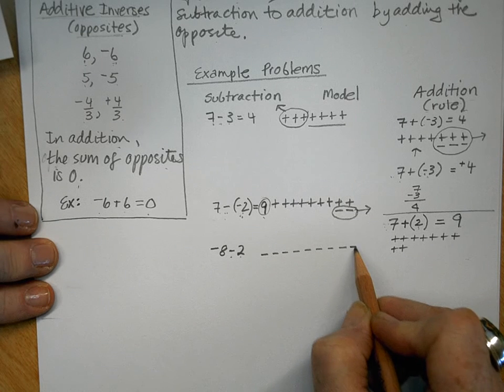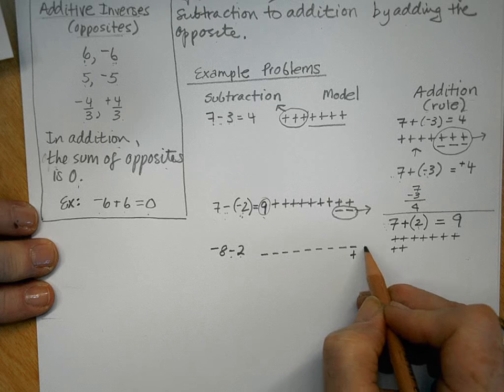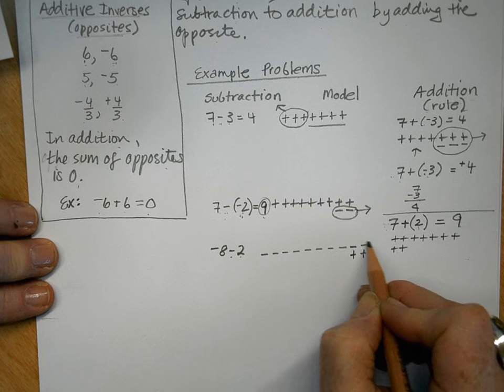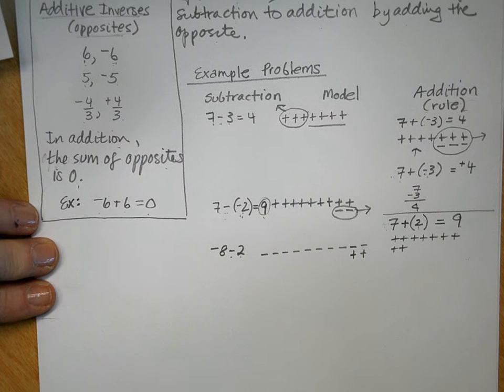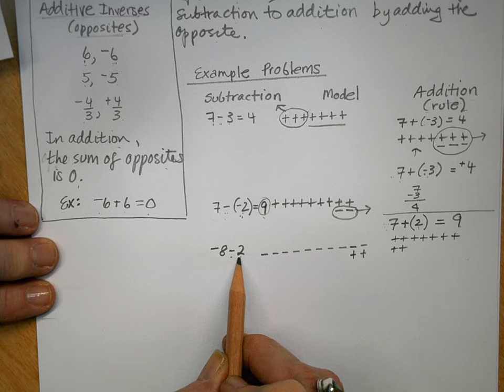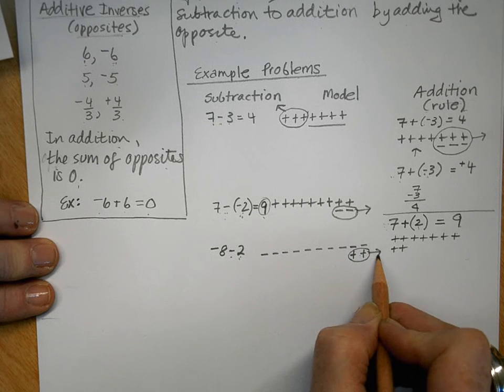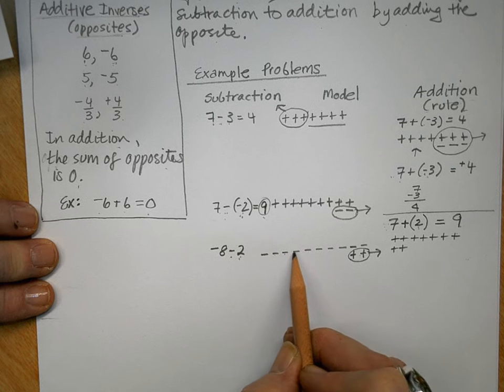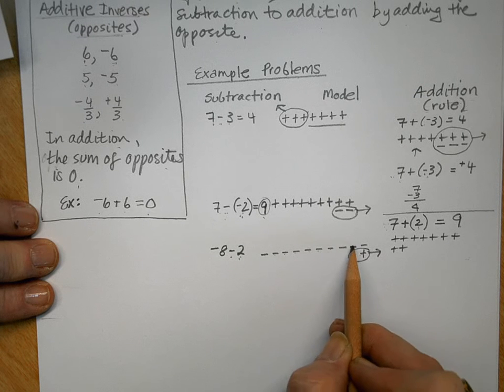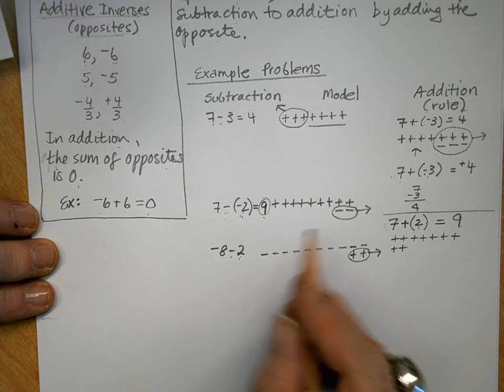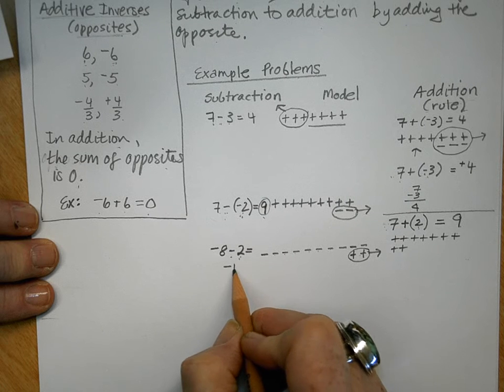So I'm going to add that. There's 0. There's another 0. So I can now remove positive 2. Here they are. Take them away. My answer is 1, 2, 3, 4, 5, 6, 7, 8, 9, 10. And they're negatives. So my answer is negative 10.